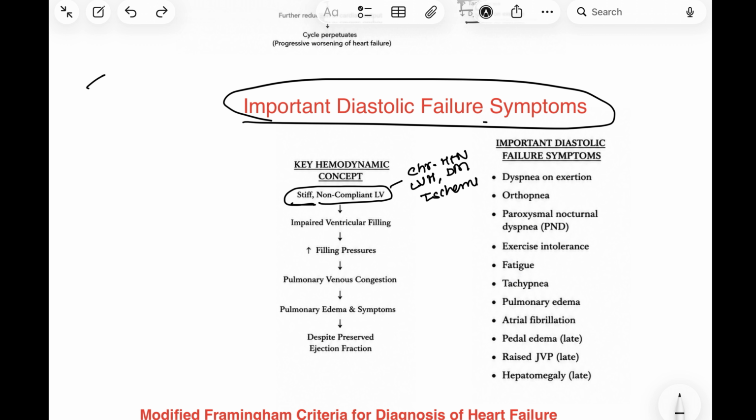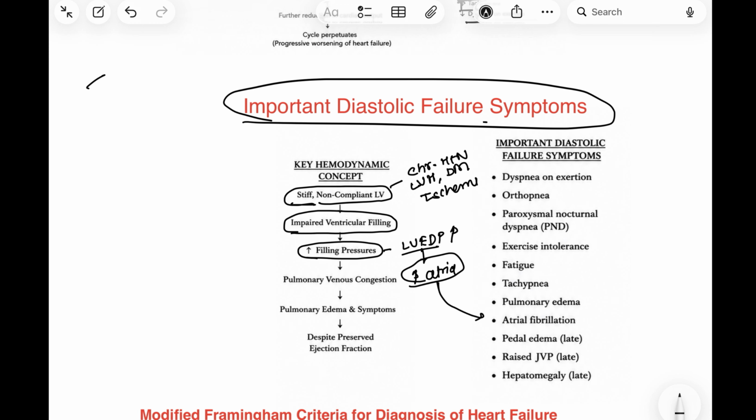This leads to impaired ventricular filling, which causes increased filling pressure like left ventricular end diastolic pressure. Okay, this again causes increased pressure in the atria, and this atrial increase in pressure will cause atrial fibrillation. So one of the symptoms of diastolic failure is atrial fibrillation.